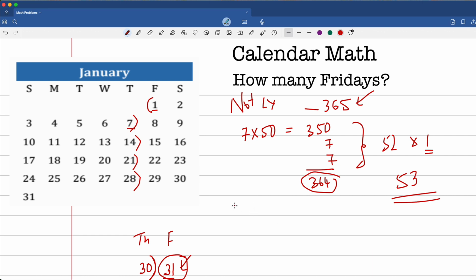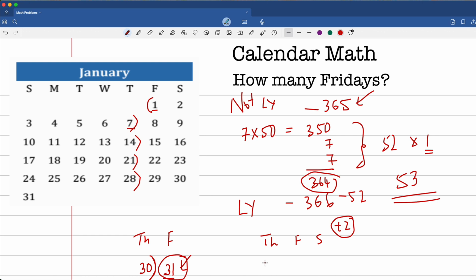Now let's take the other case. What if it were a leap year? If it were a leap year, you would have 366 days, which would still have 52 weeks, but you would be left with a remainder of 2 days. So in this case, let's think of it as Thursday, Friday, and Saturday.